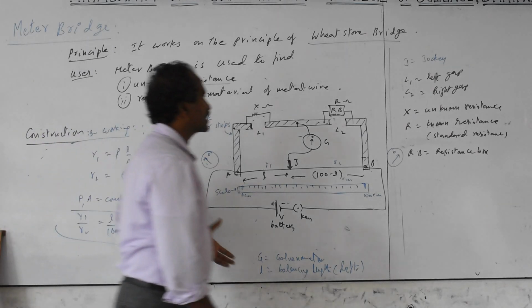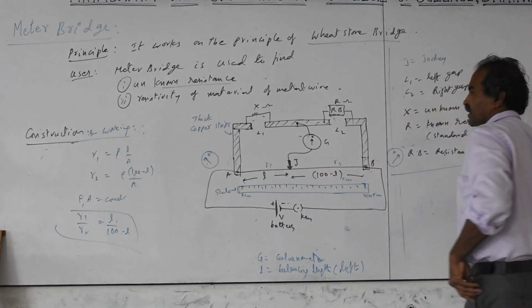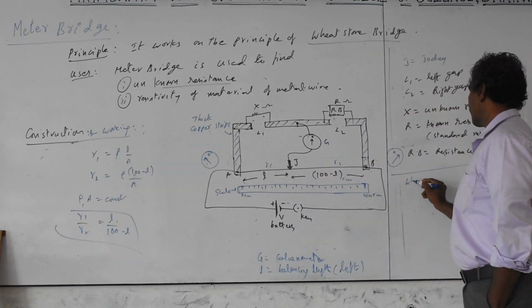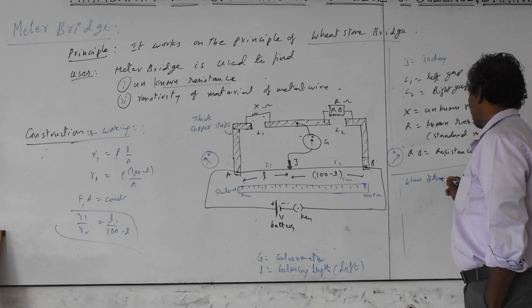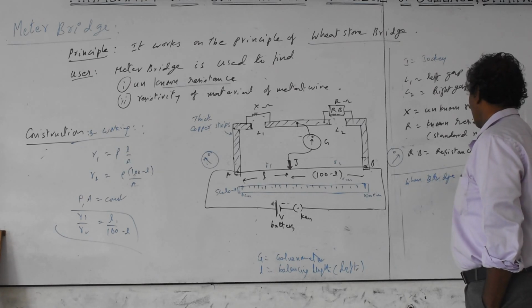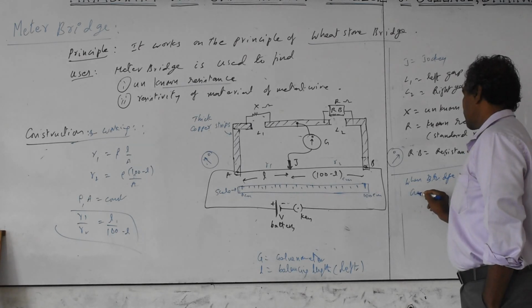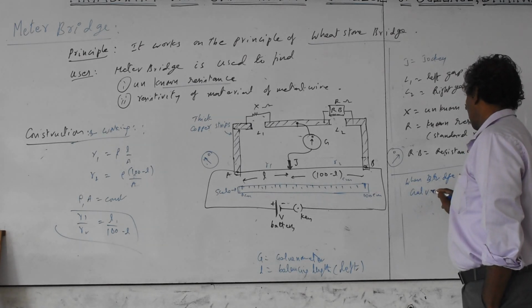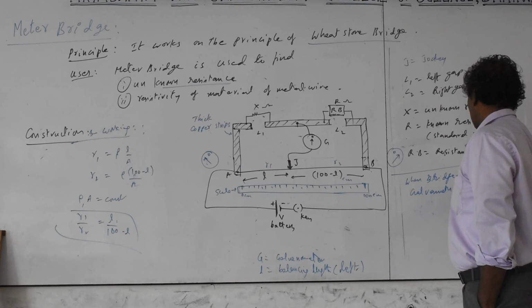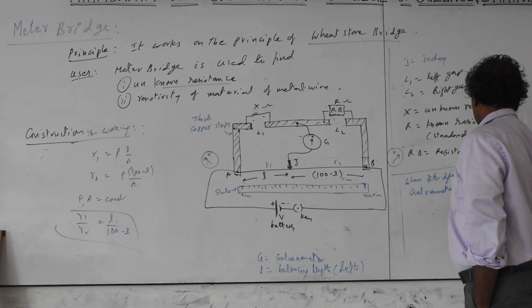So what is the balance condition? When the bridge is balanced, the galvanometer reading is 0.